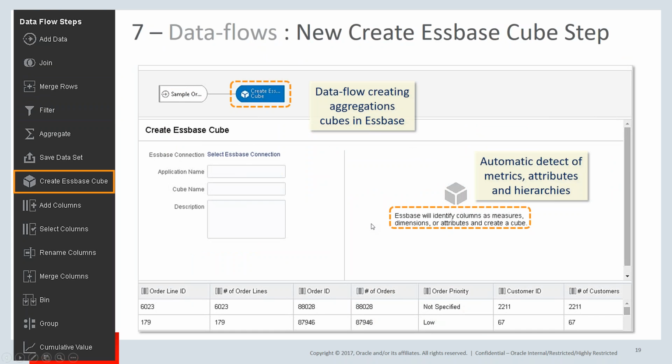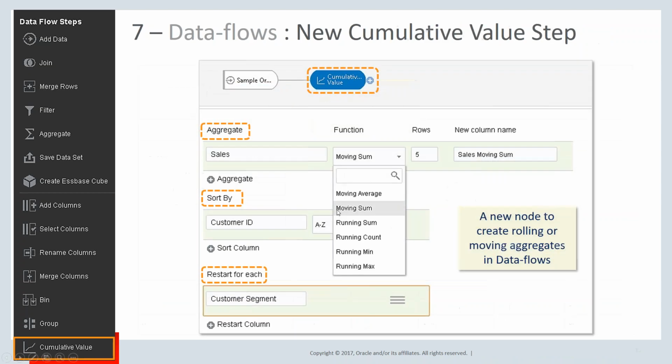We also have, as I mentioned, the new create Essbase cubes step that will figure out a hierarchy for you and create a cube for you and aggregate the data. This is now getting it to where you can really start to create Essbase cubes from the OBIEE interface, from the data visualization interface.